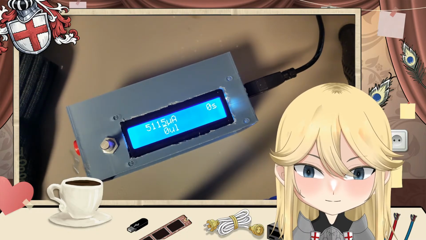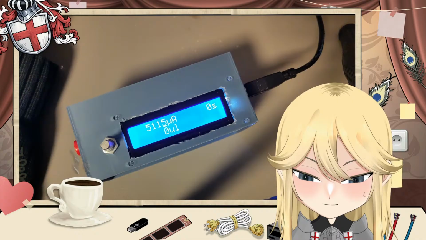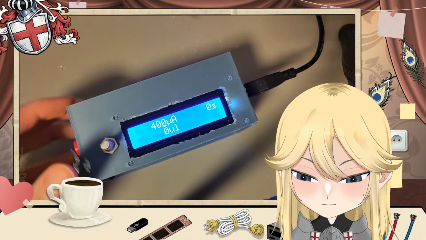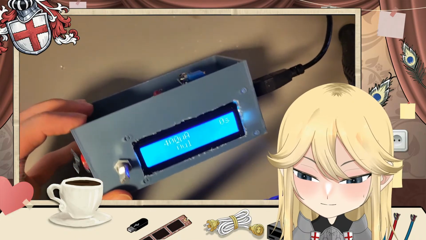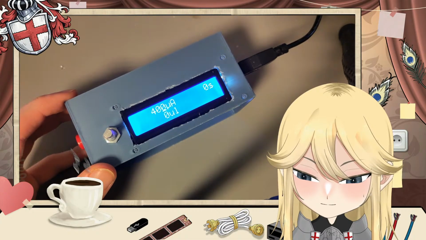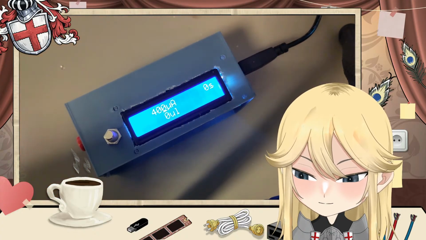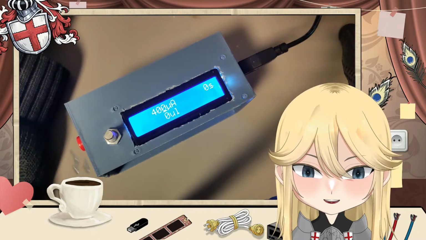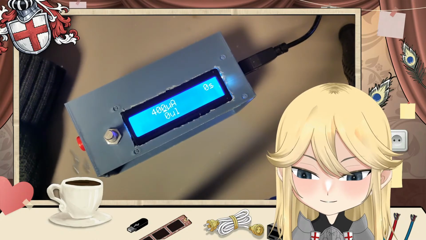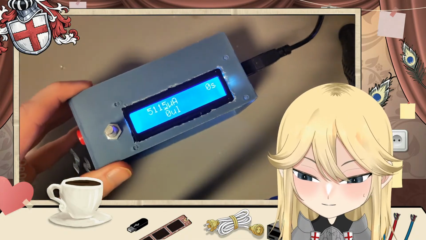Right, this will be an F. Okay. 400. Why is this prescaler so stupid. It's the clock that's the problem. What am I doing? Okay, now just let's see what we get.